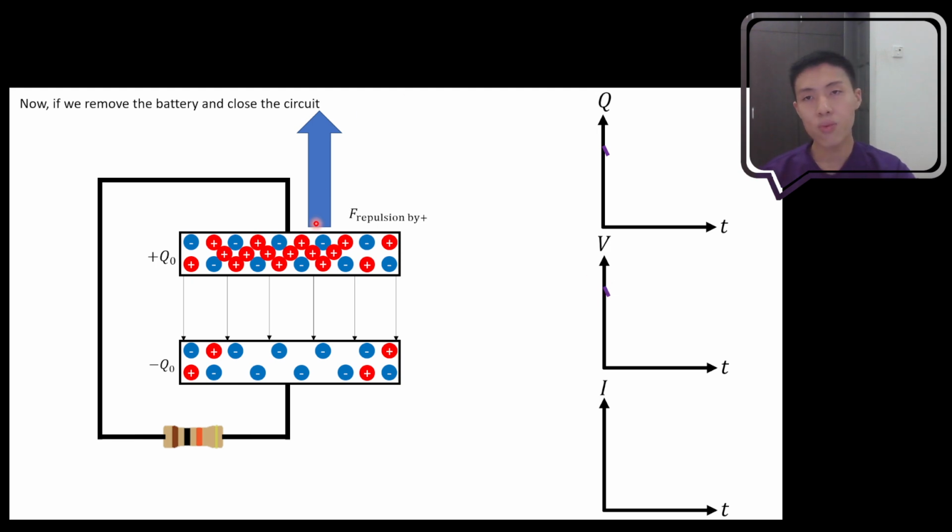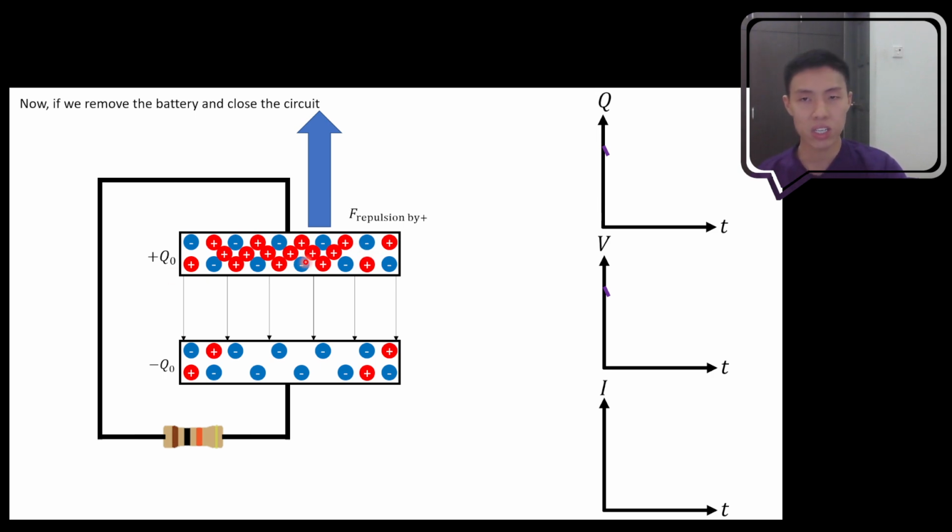Okay, but right now when we start the process of discharging, there's only this positive repulsion that tries to push charges out from the plate. Initially there are a lot of positive charges in this positive plate, so you should expect a very strong repulsive force to push the charges out from the positive plate. So you should expect that charges are gushing out from the plate into the connecting wires at the start of the discharging.